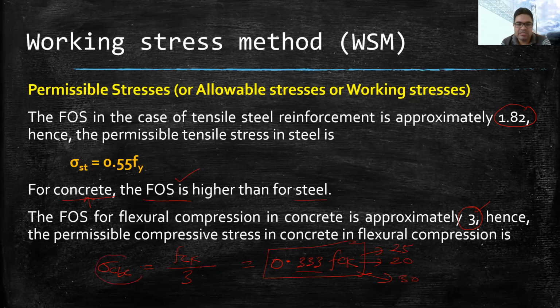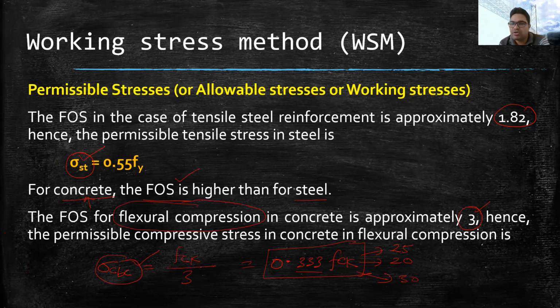So this sigma CBC is used as a permissible stress for concrete, and this sigma St is used as a permissible stress for the steel. So in our working stress method, whatever stress in our material is, it should not exceed the value of sigma St and sigma CBC.